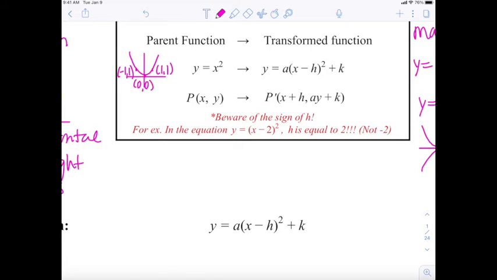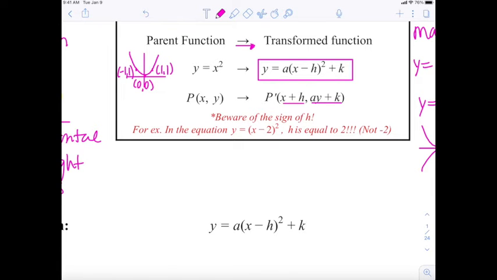What we're learning how to do is apply transformations to make it look like y equals a(x minus h) squared plus k. The way we do that is we manipulate or transform the x and the y values. So we have to add h to the x values, and we have to multiply y by a and then add k.